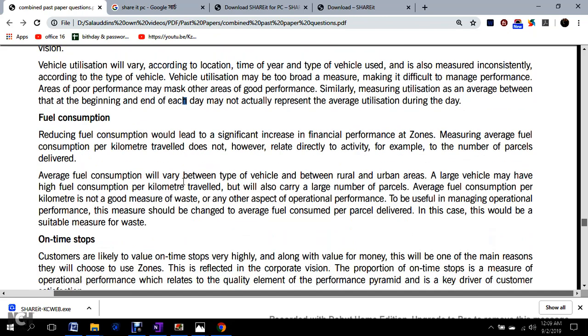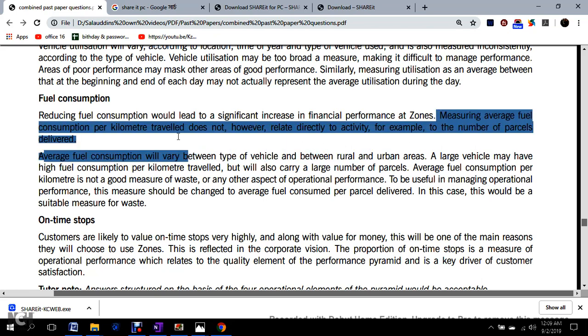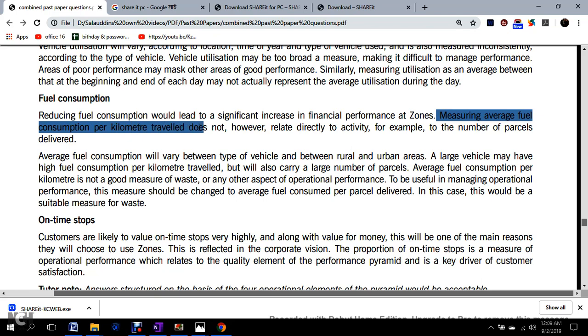Then fuel consumption: reducing fuel consumption would lead to a significant increase in financial performance at Jones. We know that if the fuel consumption is reduced, the cost will be saved and the financial performance will increase. They suggest measuring average fuel consumption per kilometer traveled for all vehicles. But each and every vehicle traveling per kilometer will not consume the same amount of fuel.